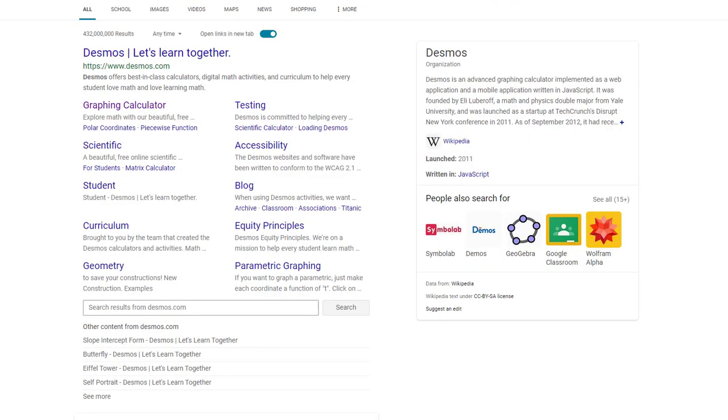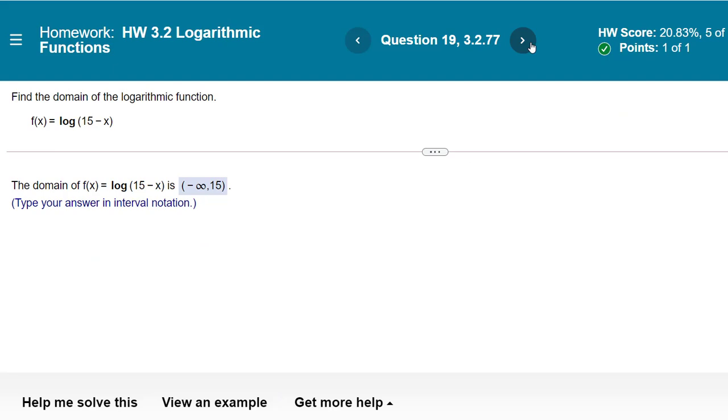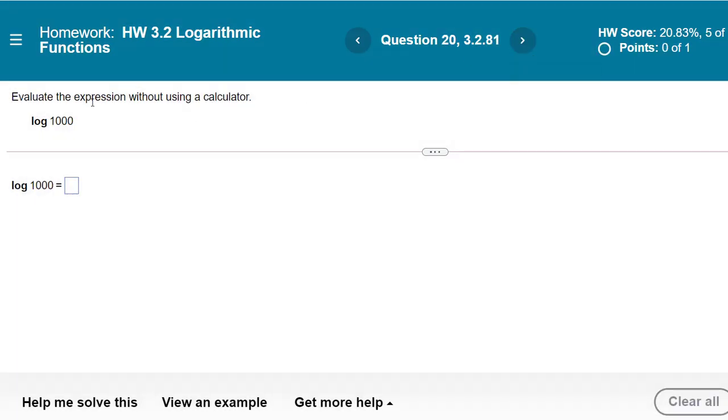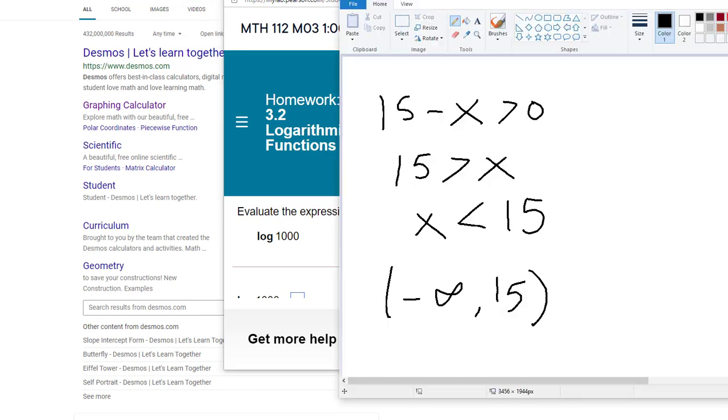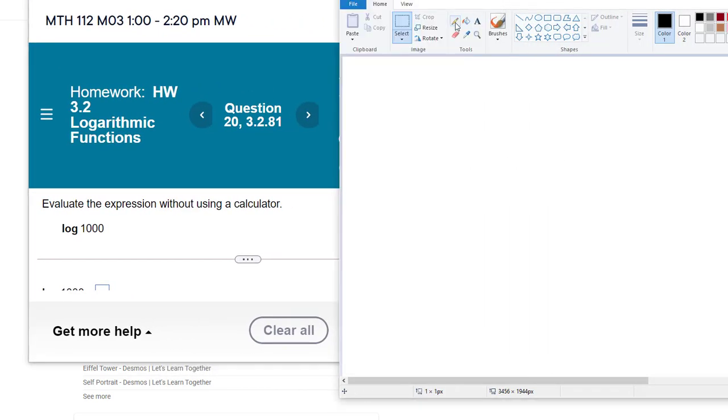All right, okay, a couple more. Evaluate the expression without a calculator, okay? So in this one, we just use our knowledge of exponents and powers of 10. Although you can do this one on the calculator, because look, that's a base 10.